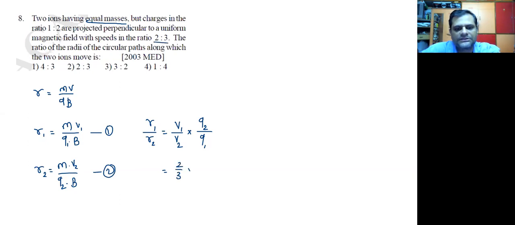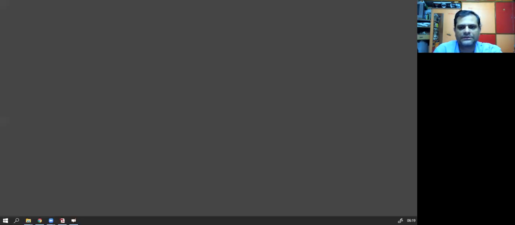So just keep it as it is and reverse the ratio of charges which is given as 1:2 here. So its reverse will be 2:1, right? So you get this as 4:3. So 4:3 is the ratio of radii in which these two charges will move in the magnetic field. Yes, let us see the next.